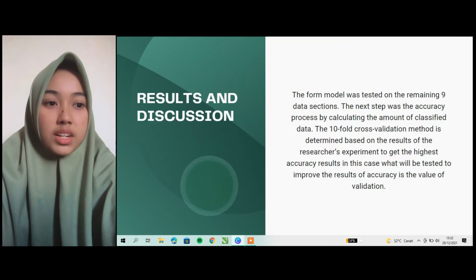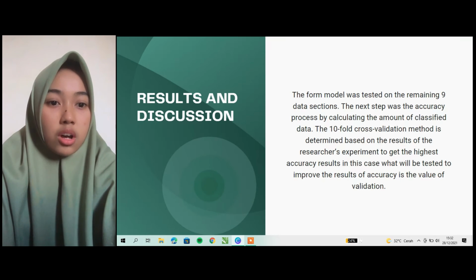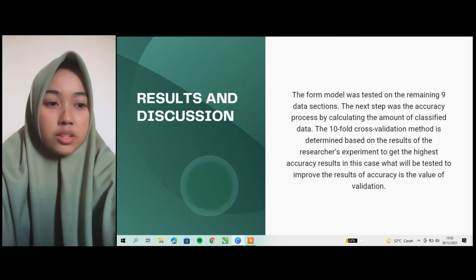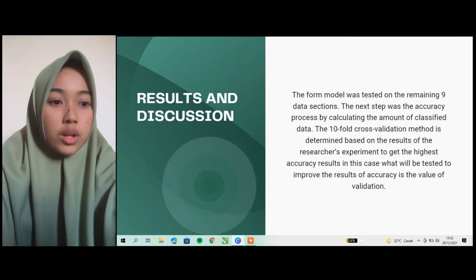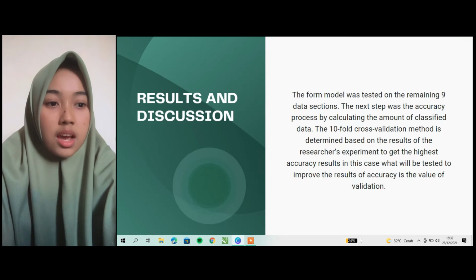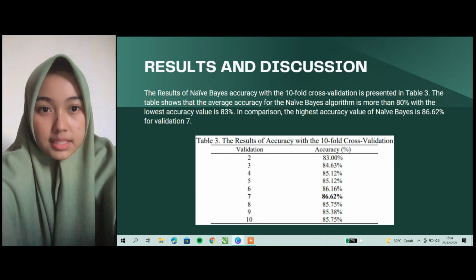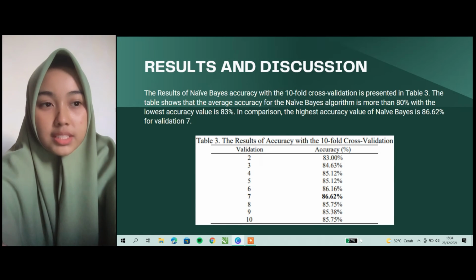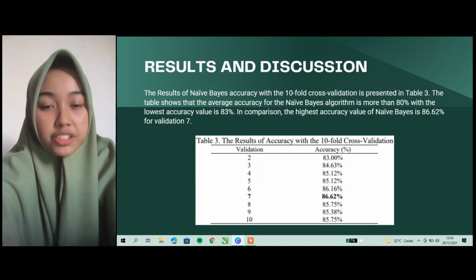The 10-fold cross-validation method is determined based on the result of the researcher's experiment to get the highest accuracy result. In this case, what will be tested to improve the accuracy is the value of validation. Okay, next, the result of naive-Bayes accuracy with the tenfold cross-validation is presented in Table 3.